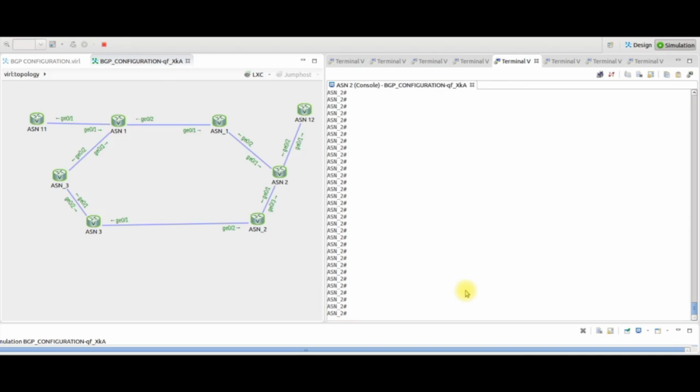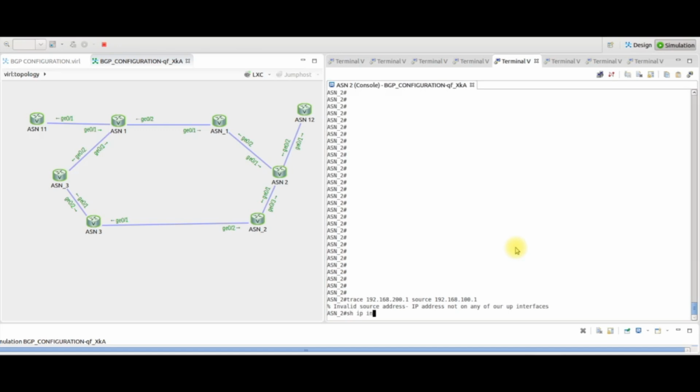So we're going to trace 200.1, which is this guy right here, and we're sourcing it from 192.168.100.1. Invalid source address. How can that be invalid?